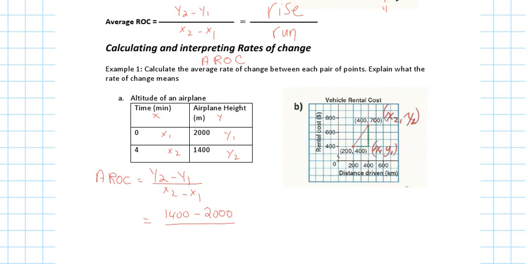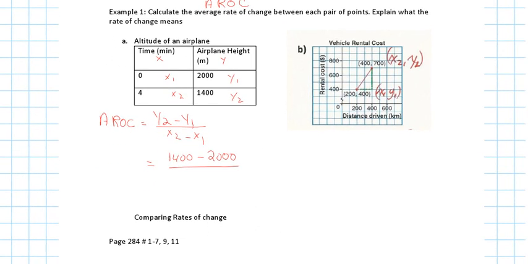So I labeled my points, I looked at where y2 is, and I plugged in that y2. I found where y1 is, and I subtract that from y2. Divided by x2 minus x1, so 4 minus 0. So that's going to give me negative 600 divided by 4, which is going to be negative 150.